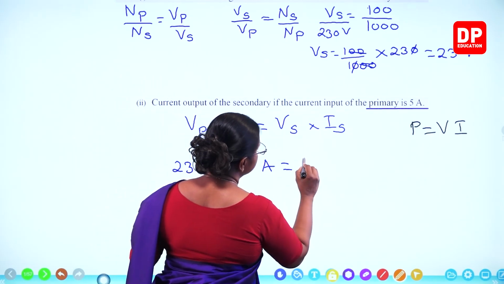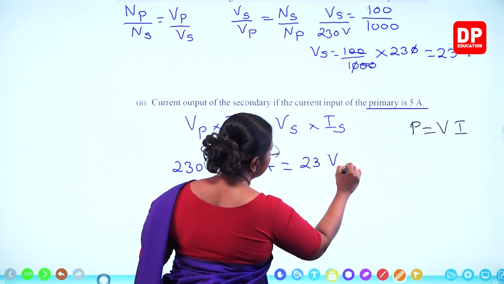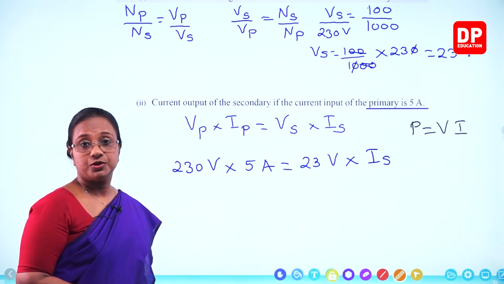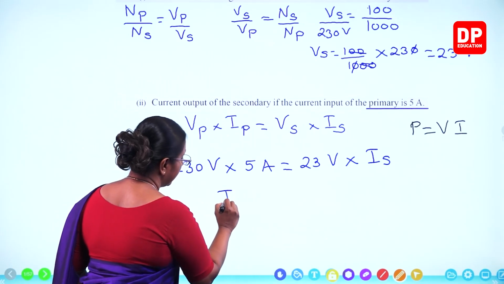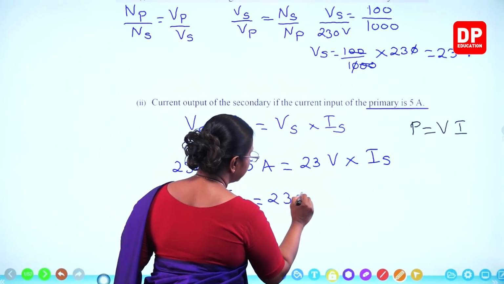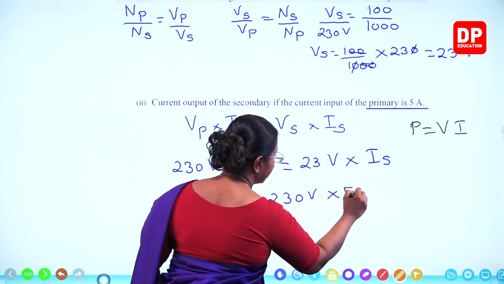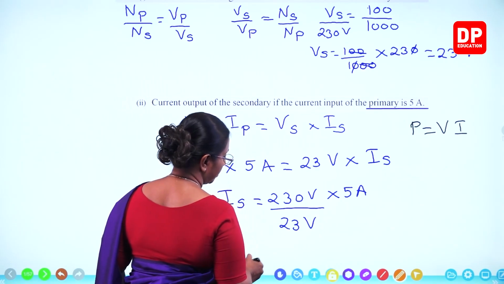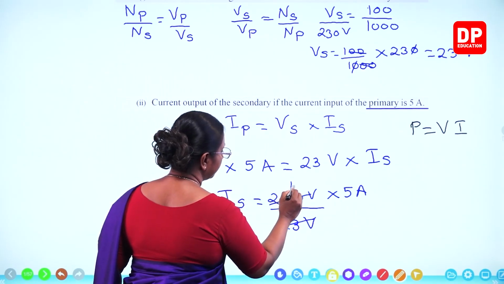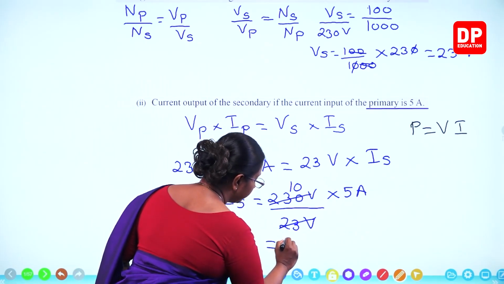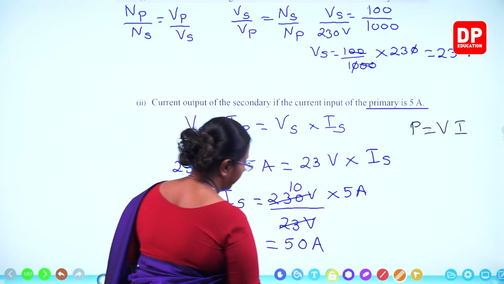We know V secondary is 23 volts. We need to find the current output. That is I secondary, equal to 230 volts into 5 amperes divided by 23 volts. If we simplify, you get 10, and 10 into 5 is 50 amperes.